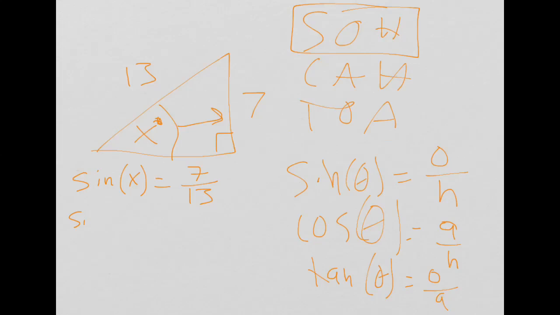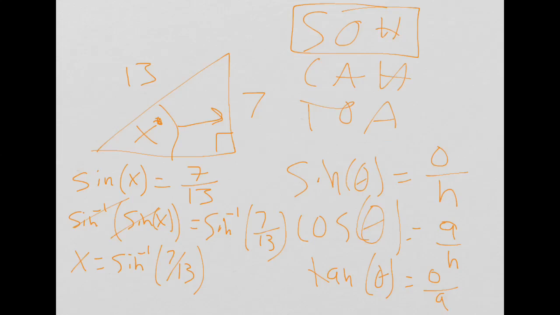Take the inverse sine on both sides: the inverse sine of the sine of x equals the inverse sine of 7 over 13. Inverse sine and sine are inverses, so they cancel each other out. On the left, we're left with x. On the right, we have the inverse sine of 7 over 13.